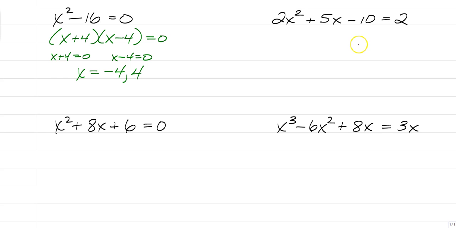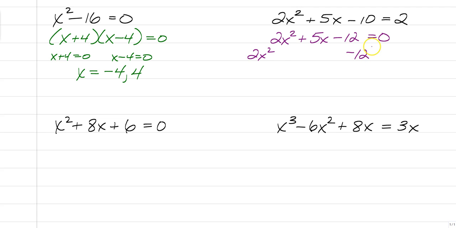The next example, the first thing you needed to do is subtract the 2 over to the left, because you must be equal to 0. And once we get there, you need to factor with a leading coefficient bigger than 1. In the video, it showed you a couple of different ways to do it, but my favorite way to do it is splitting the middle term.